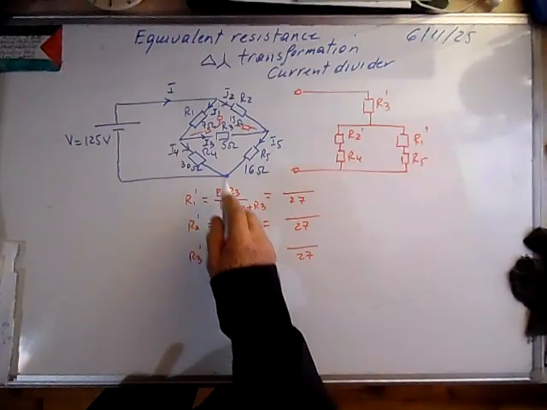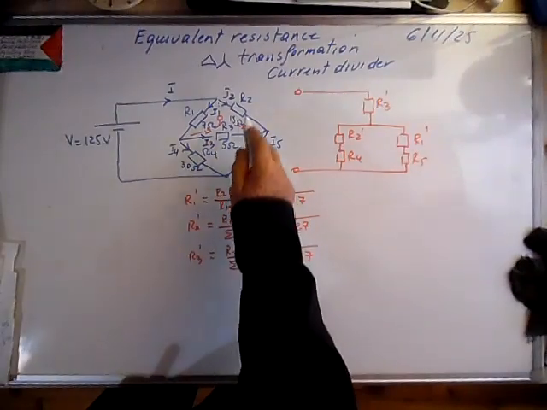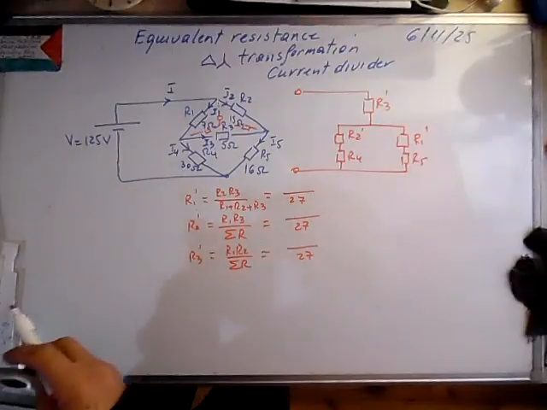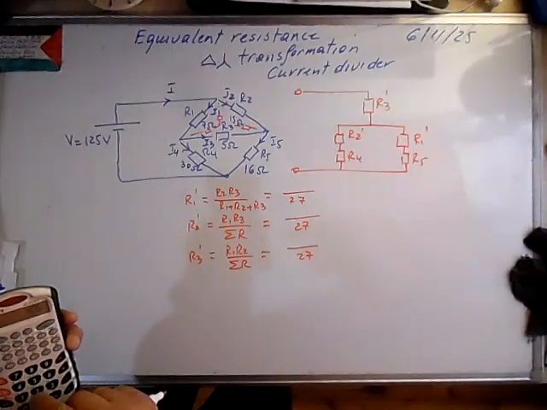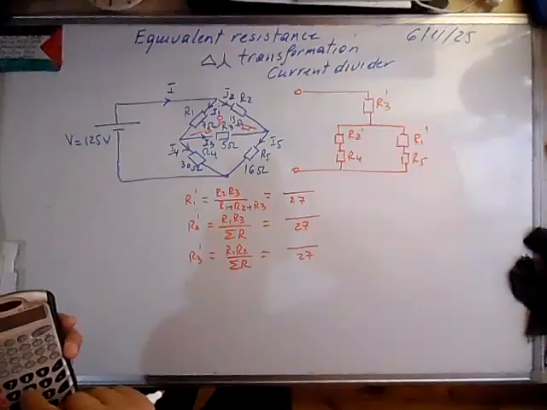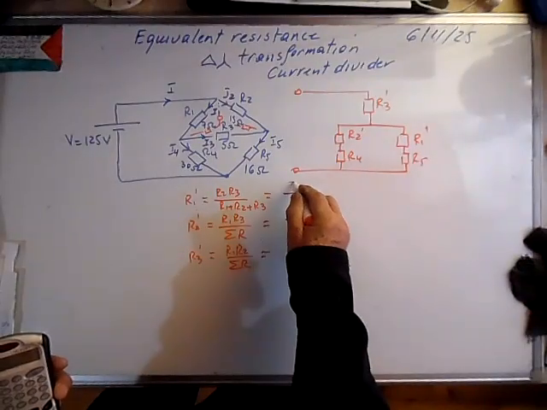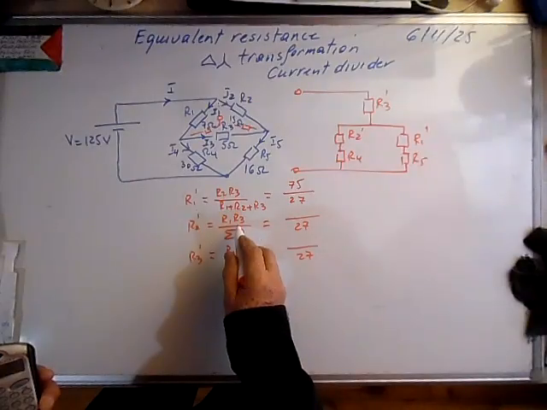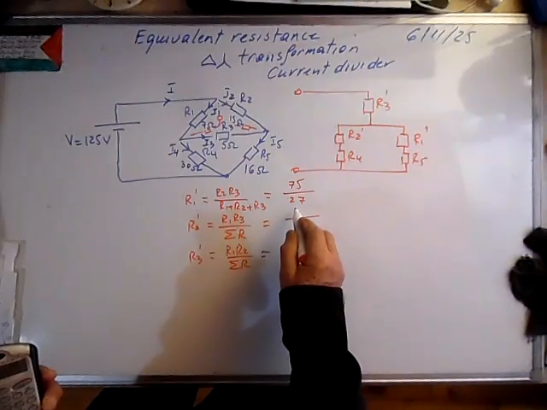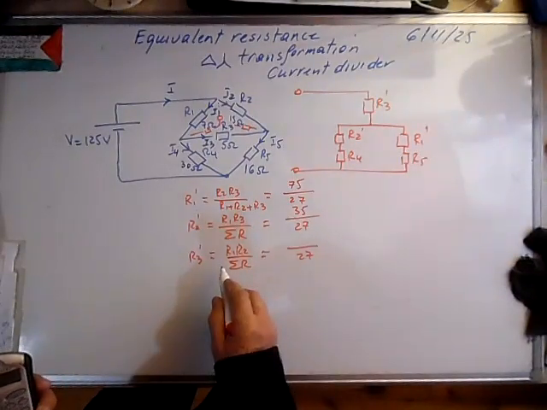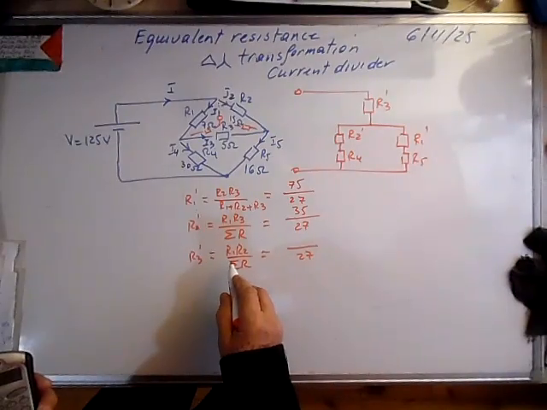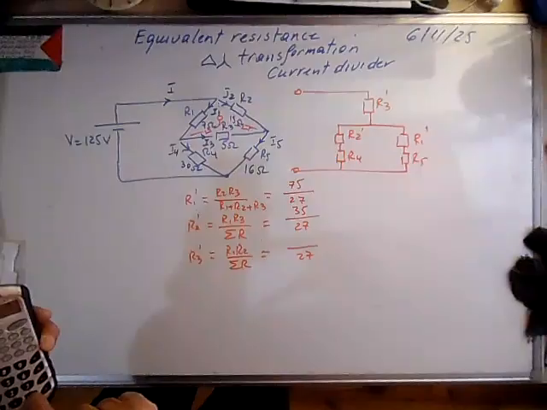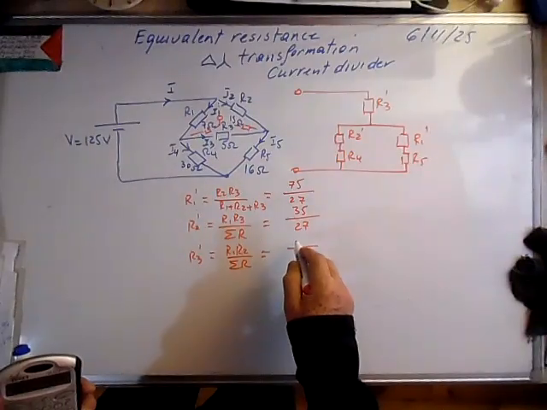R2 times R3, this is 15 times 5, it's 75. R1 times R3, it's 35. R1 times R2, 15 times 7, it's 105.